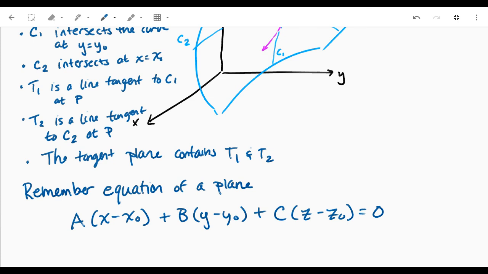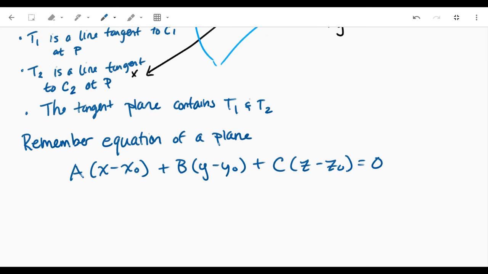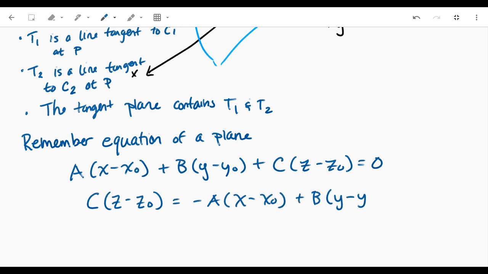Okay, we're going to rearrange this just a little bit. So we're going to keep c times z minus z naught on one side and get those other terms to the other side. Should be negative. Okay, and then we're going to divide by c.